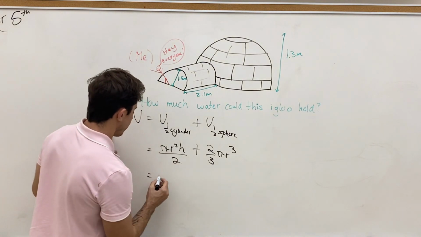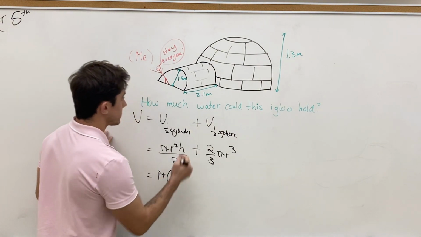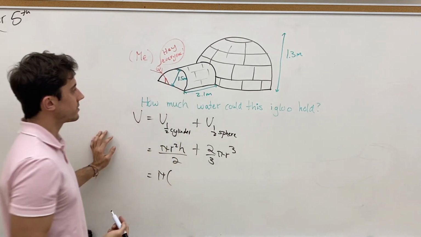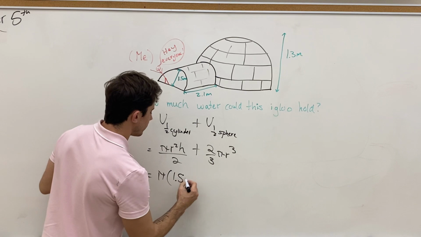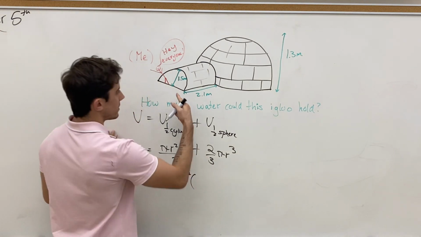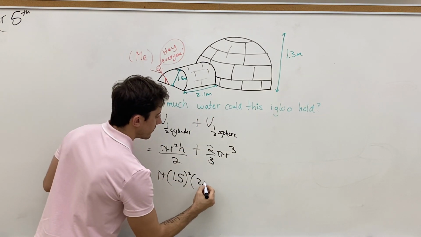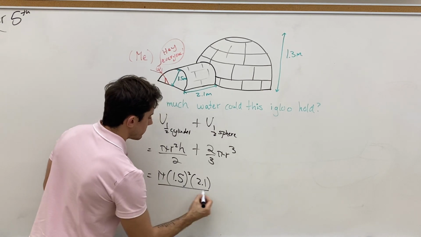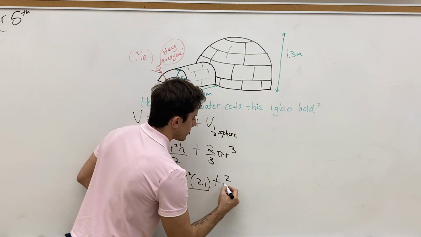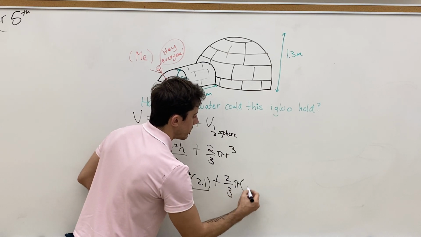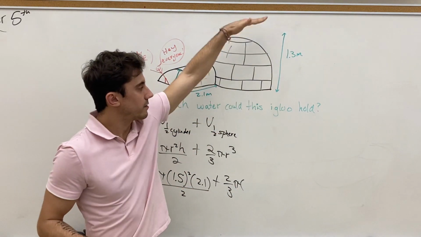And so we'll have pi times here for the half cylinder, our radius is 1.5 meters. And so 1.5 squared times our height of 2.1 divided by 2, since we only have half of a cylinder, and we add to that 2/3 of pi times, again, the radius.